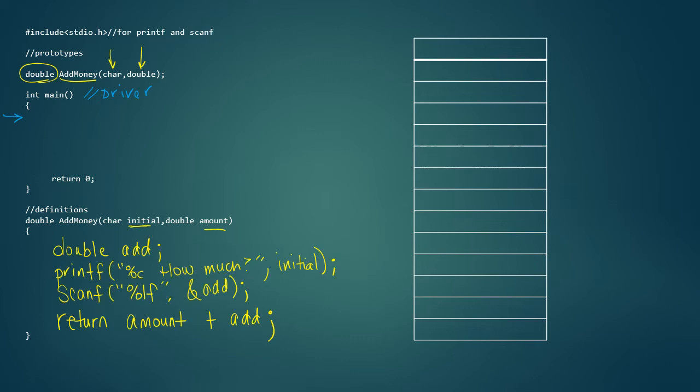Because we're going to be testing our function, this is not a complete program. We're just using the main function as a driver. So therefore, I'm going to declare my character and assign it a value. And I'm going to declare my double and assign it a value. So the double is going to be the amount.